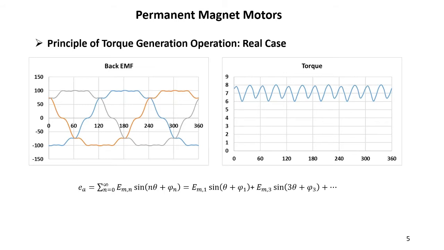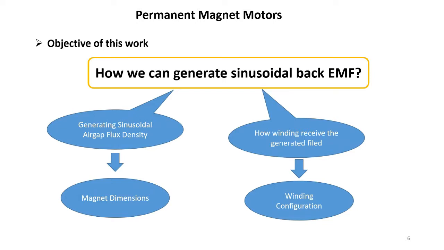So how are we going to do this? One of the ways that we can reduce this torque ripple is to make sure that our back EMF has a sinusoidal waveform. Okay, so how can we do it? How can we generate a sinusoidal back EMF? It's a very tricky thing.